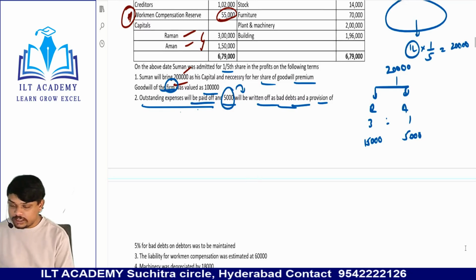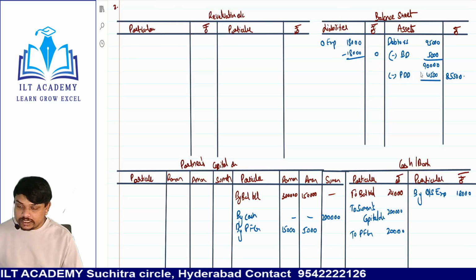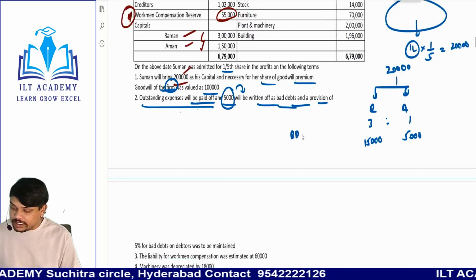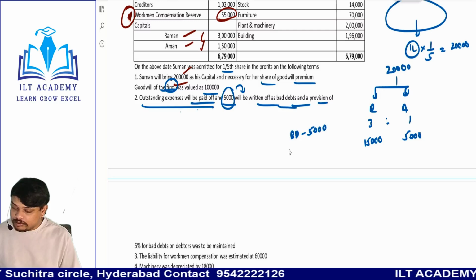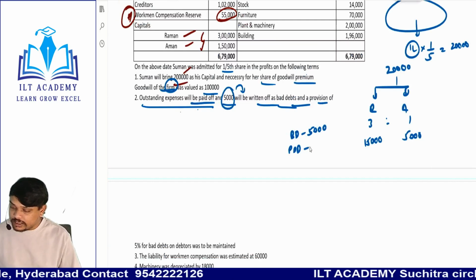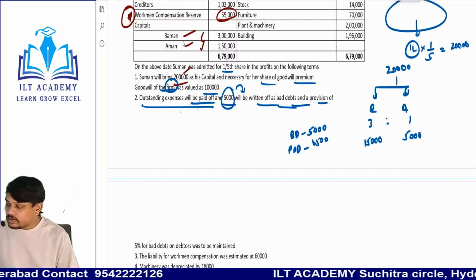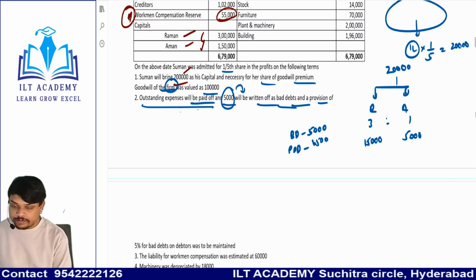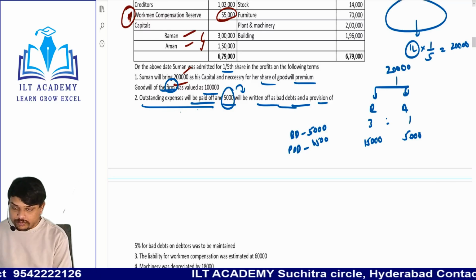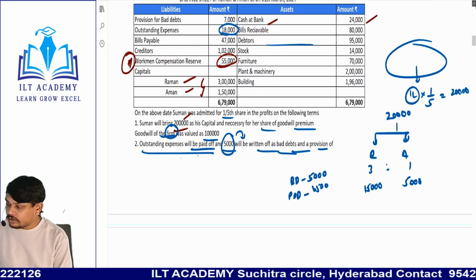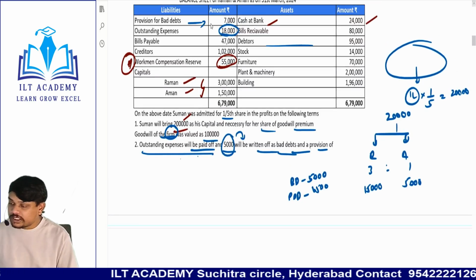Now, bad debts are 5,000 and provision for doubtful debts is 4,500. Now there is already a provision of 7,000.